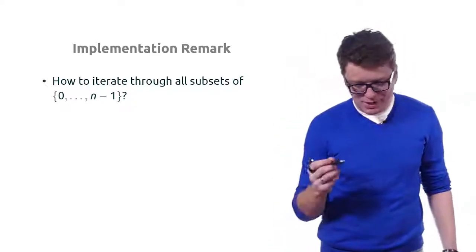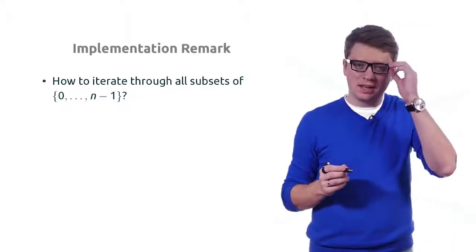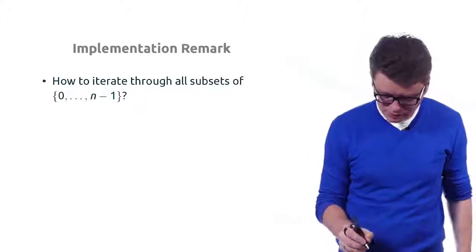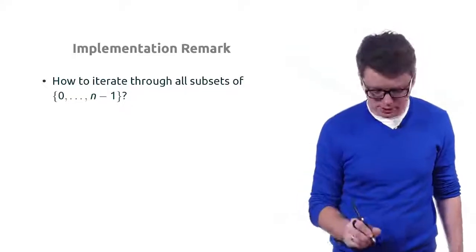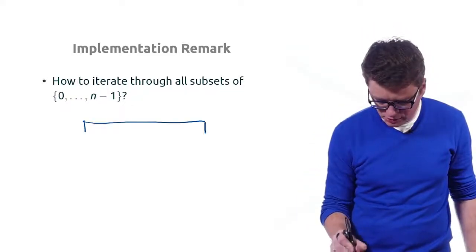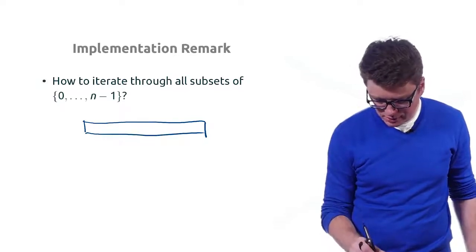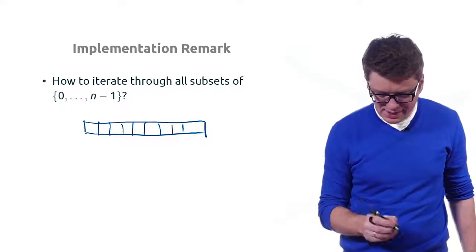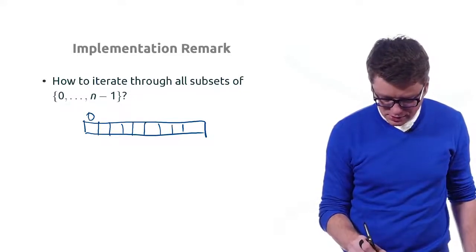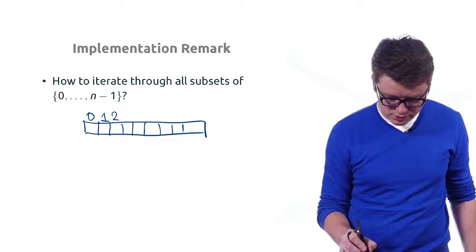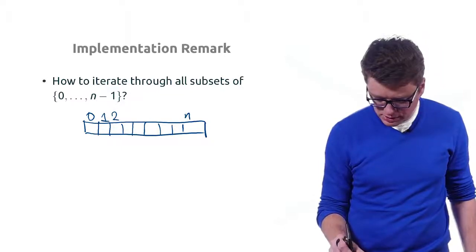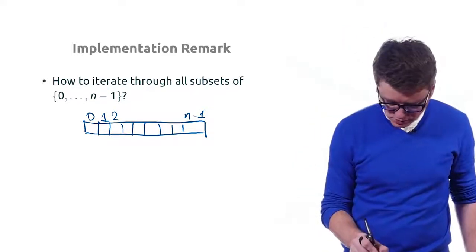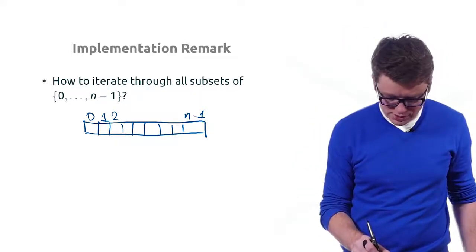Recall that when we have a set of size n, it can be specified just by n zeros and ones, right? So we can write down an array, just a sequence like this. And if we have n elements, say, let's start them with 0, 1, 2, and so on, up to n minus 1, then any subset can be specified just with a 0, 1 array.